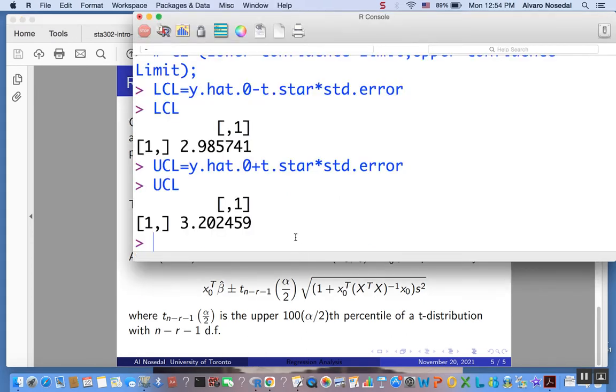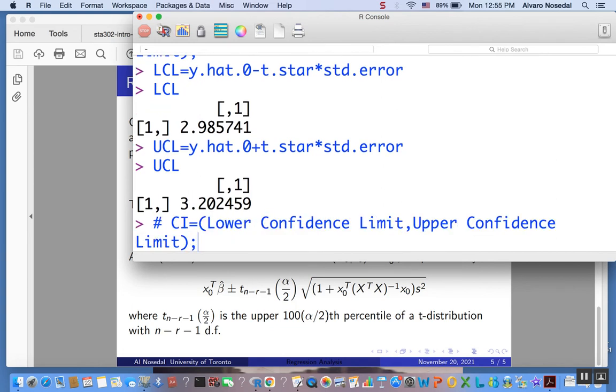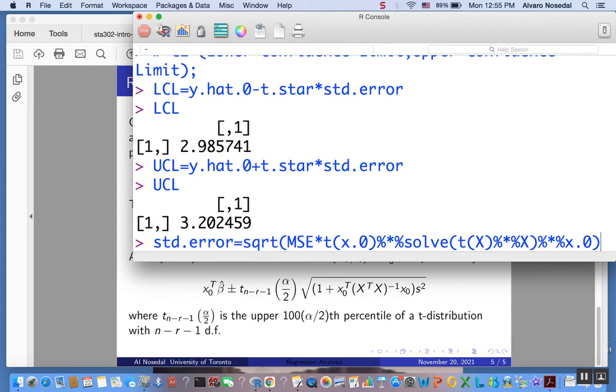Let's do that. Let me just modify that. It must be here. Let me find it. Standard error, right? So we know that what we want is an additional s squared, or in other words, an additional MSE. That's this guy here, because we have 1 times s squared.